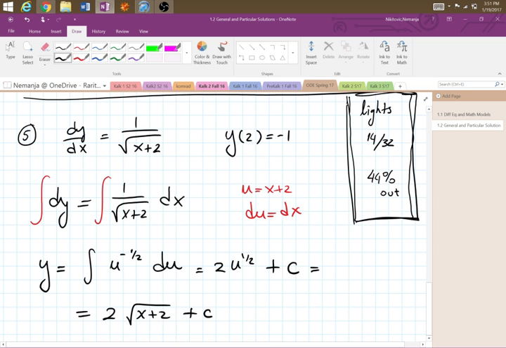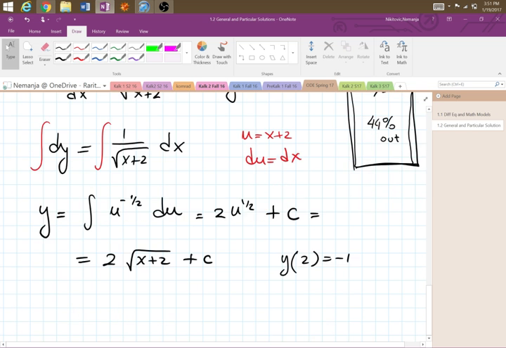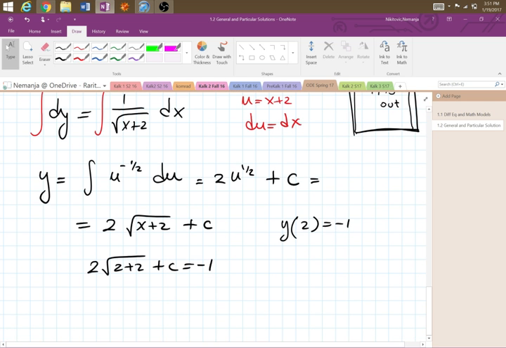At this point, we have the y of 2, right? We have the point, and we can say that 2 times square root of 2 plus 2 plus c is equal to negative 1. So that's 4 plus c equals negative 1. C is equal to negative 5.